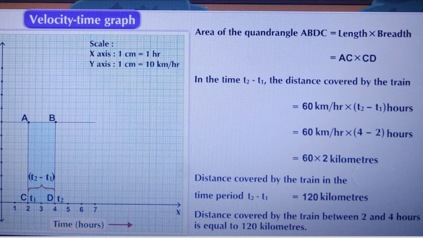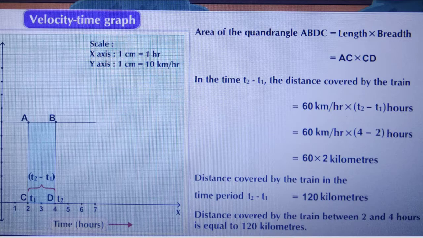The area of a rectangle ABDC is equal to length into breadth. Observe this rectangle ABDC. What is its length? AC. And what is its breadth? CD. Therefore, the area of the quadrangle, or you can say rectangle ABDC, is equal to AC into CD.